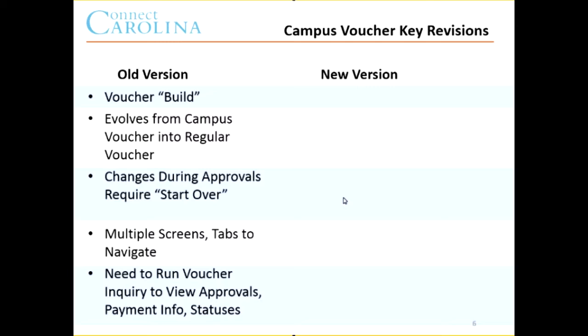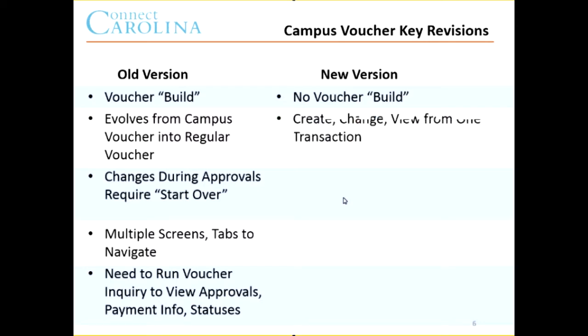But the new version remedies a lot of those issues. In the new version, none of those voucher build steps are involved. It's going to be very simplified. From one transaction, you'll be able to create, change, and view.